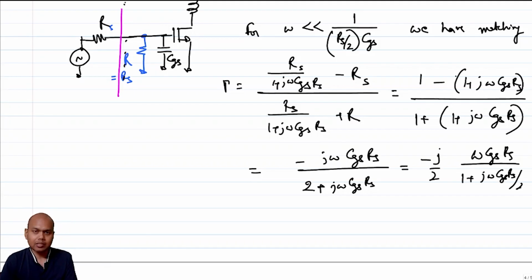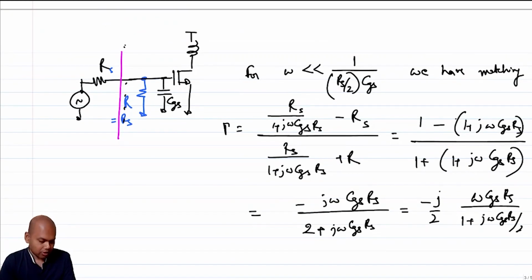Even though it matches, this extra R will give me an additional noise, right? So earlier, what was the noise? Earlier the additional noise was coming only from this RS. Now additional noise is also coming from the matching resistor RS, right?